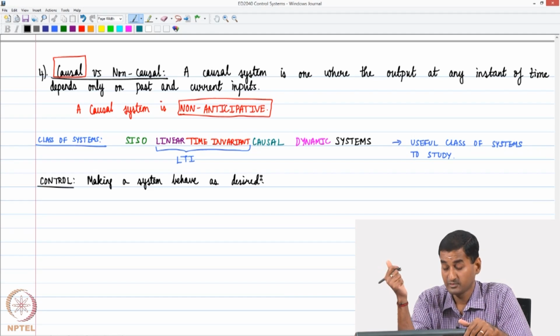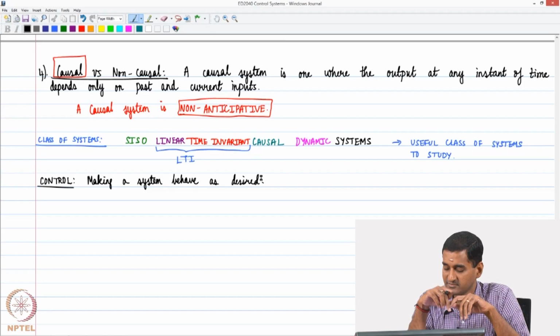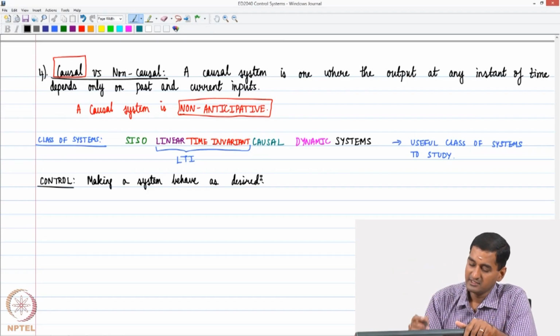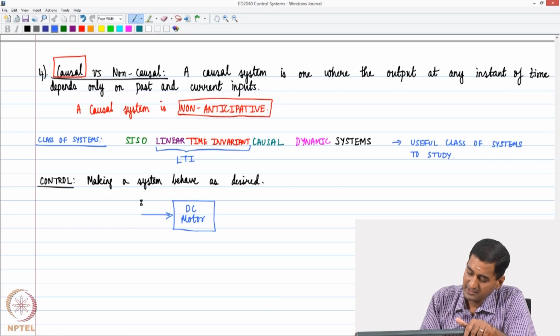Okay. Now, the questions are like how do we regulate the system, right. So, that is something which we are going to look at. So, let us look at an example. Let us say I consider for example a DC motor, just to consider this. Let us say I am doing armature control.